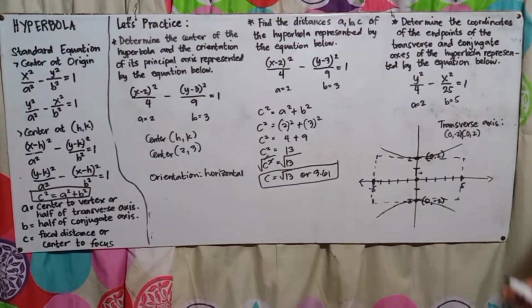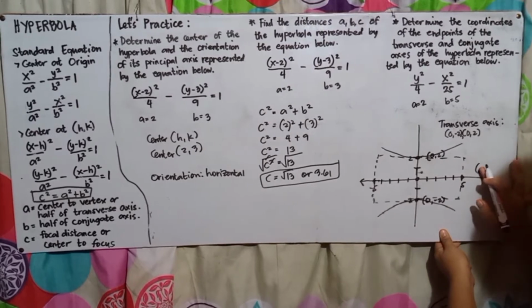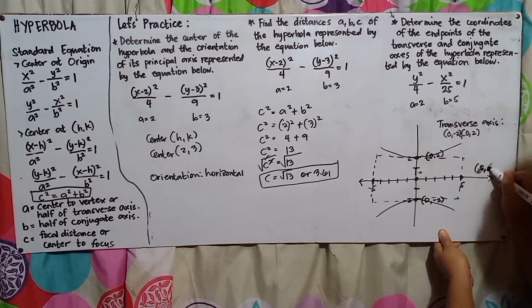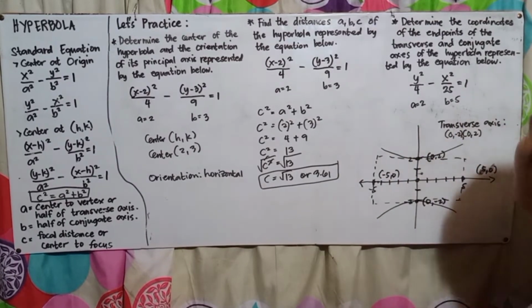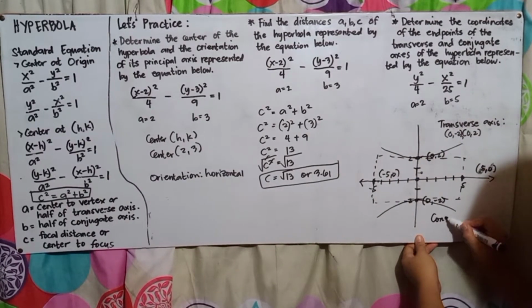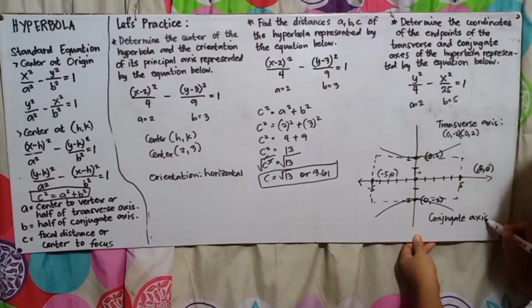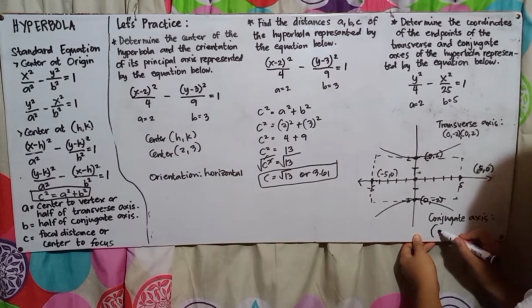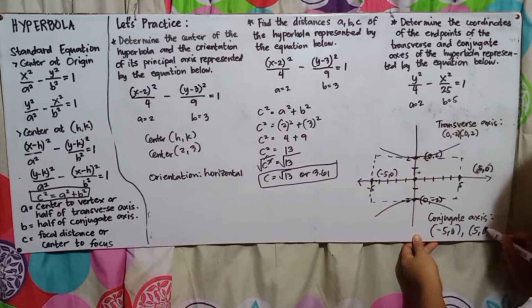So, our conjugate axis is 5, 0 and negative 5, 0.